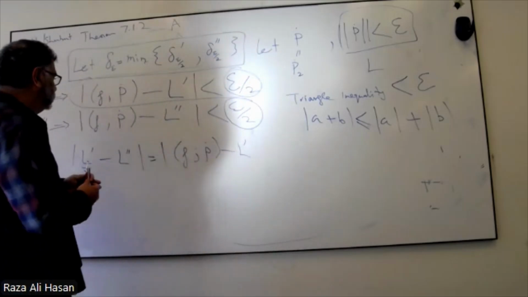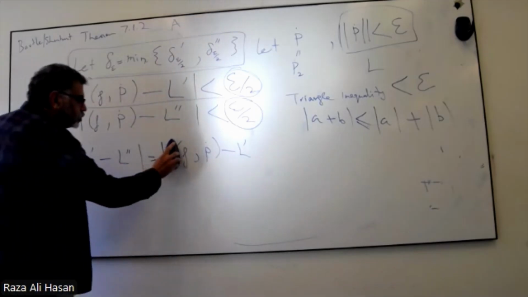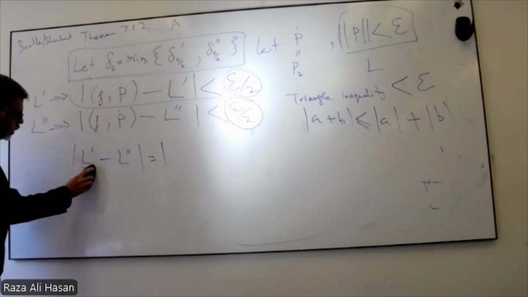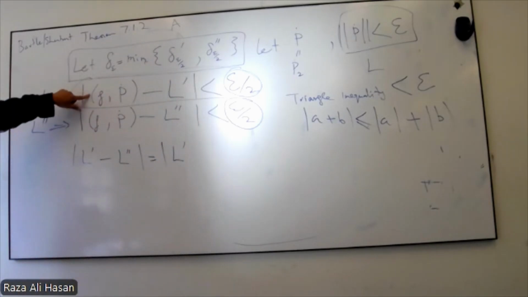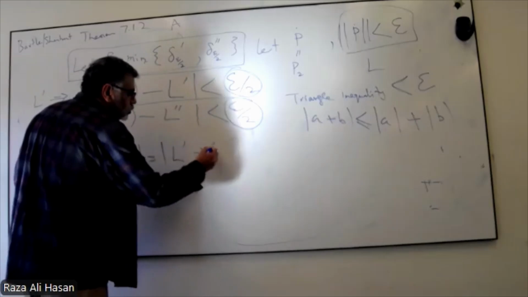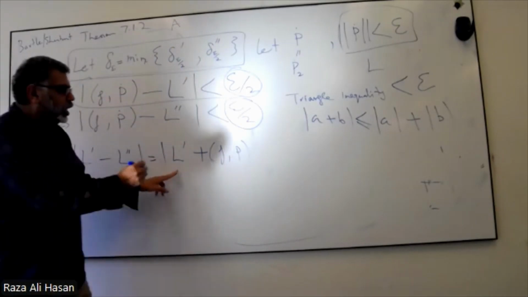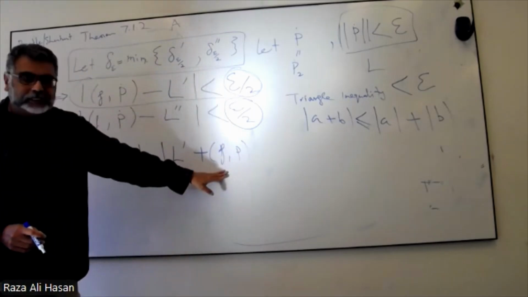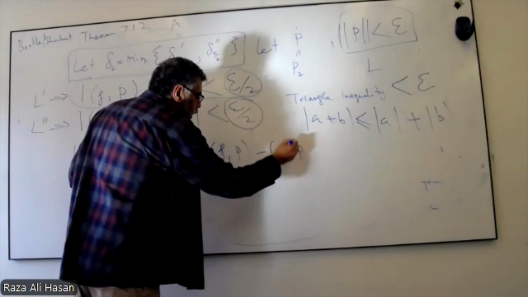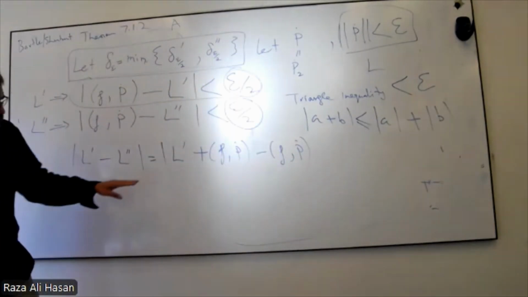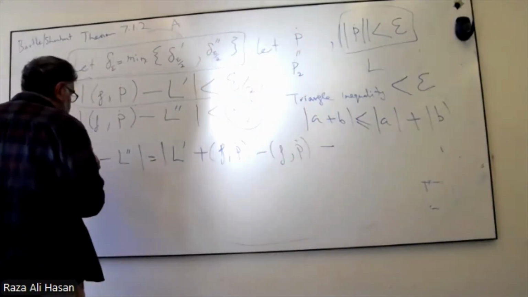So what I have here is L prime, and I'm going to take one of these and add it in. So I had the integral, the exact sum, and I added the approximate sum into this thing, and I subtracted the approximate sum, which is what this thing represents.